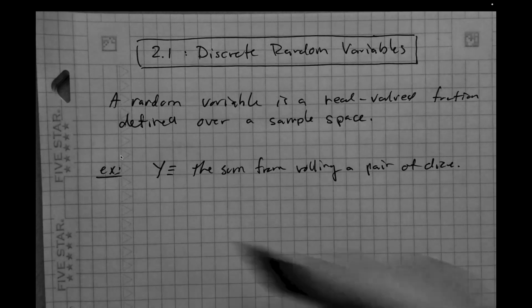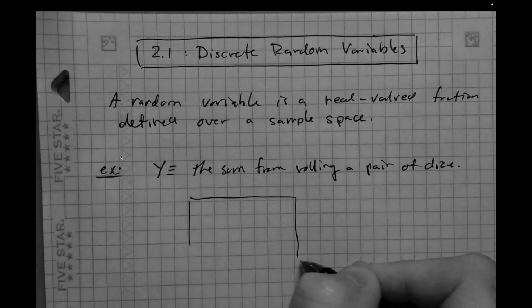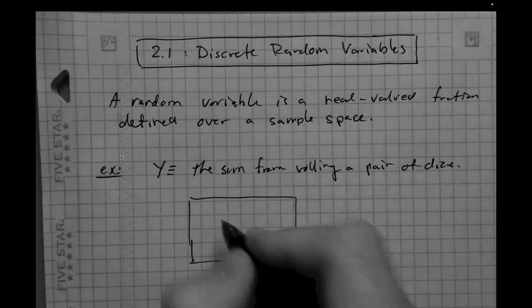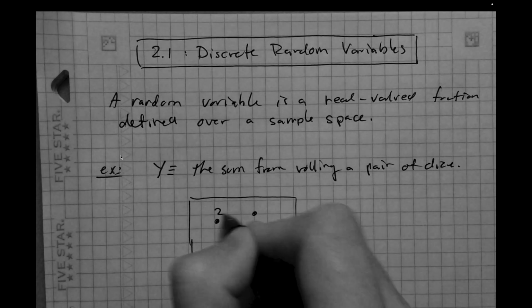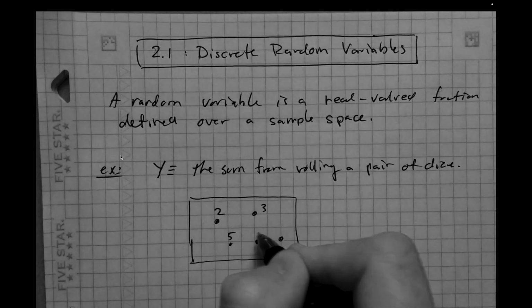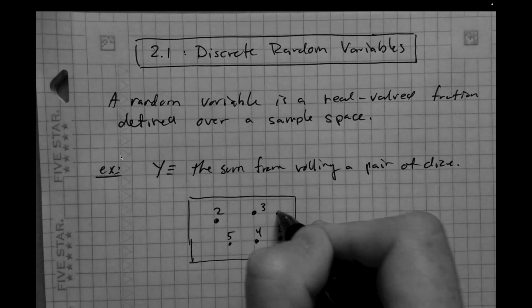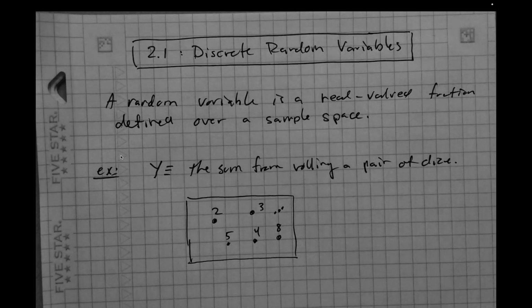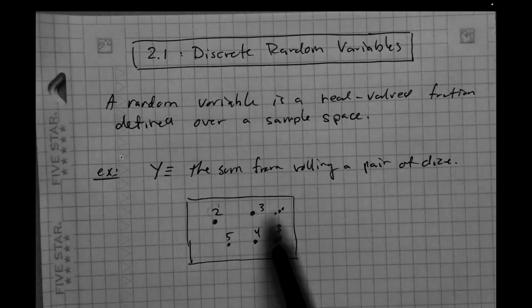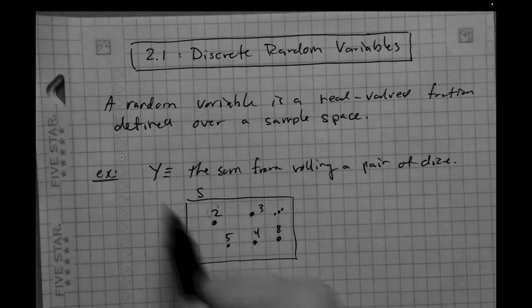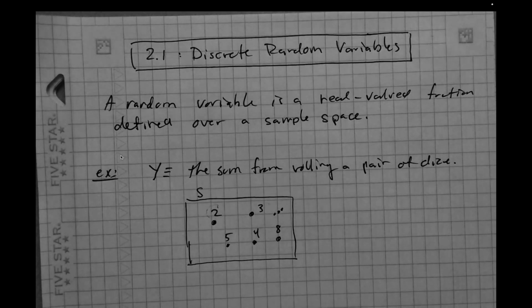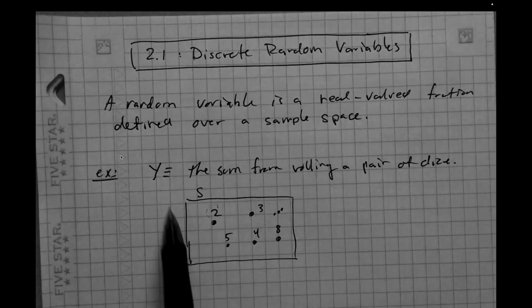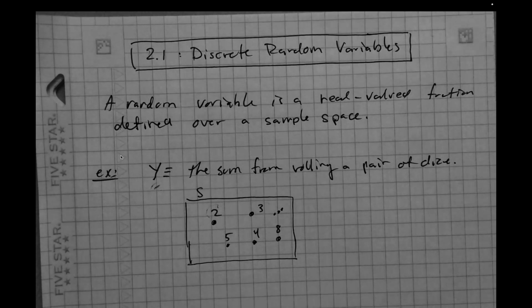You can imagine you've got a sample space, and in that sample space you've got all of the outcomes of these rolls. So maybe you got 2s, and 3s, and 5s, and 4s, and 8s, and so on. This is the sample space S that the function Y, the real valued function, is defined over. There's a probabilistic quality to this variable Y, and that's why we call it a random variable.